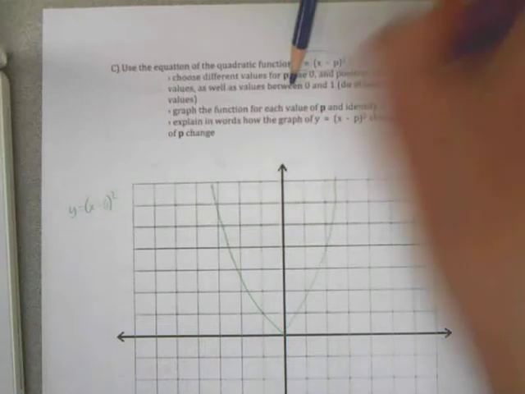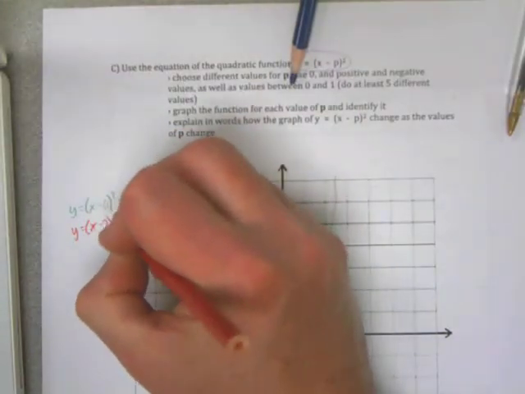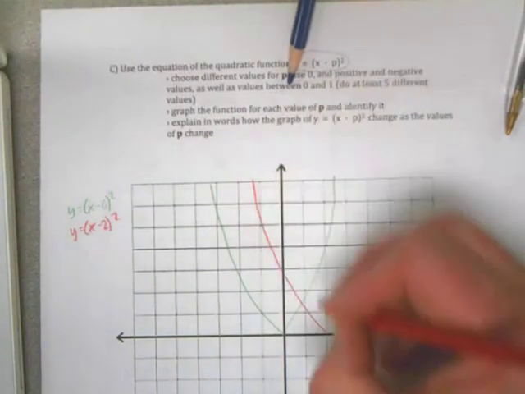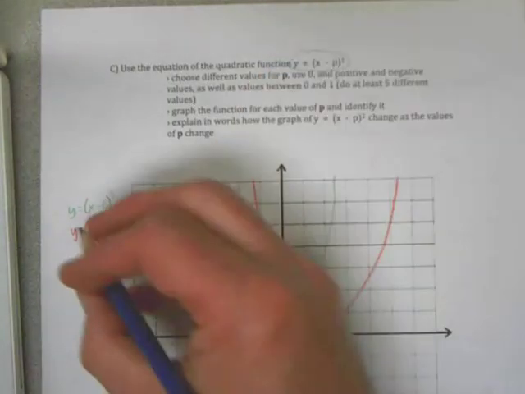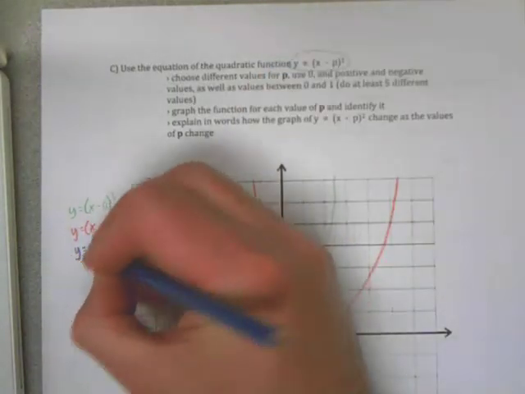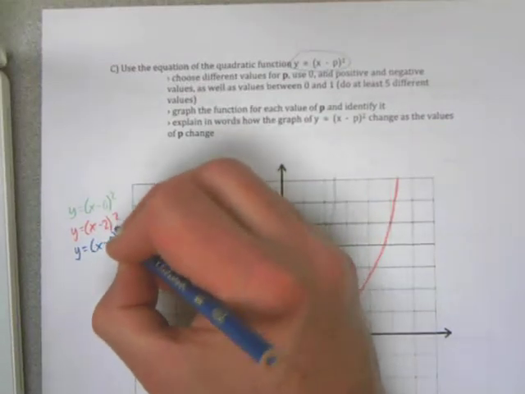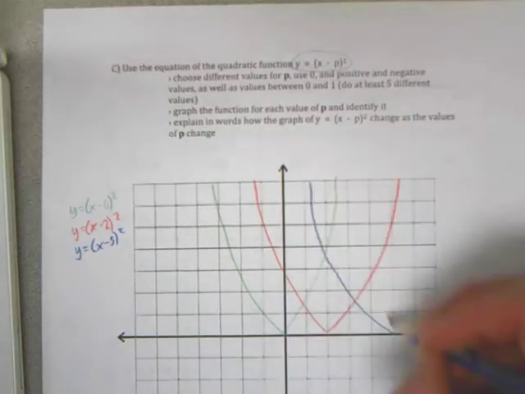Then I'm going to plug in y is equal to (x minus 2) squared, and that's going to come over here too. Then I'm going to plug in y is equal to (x minus 5) squared. 1, 2, 3, 4, 5, and it comes this way.